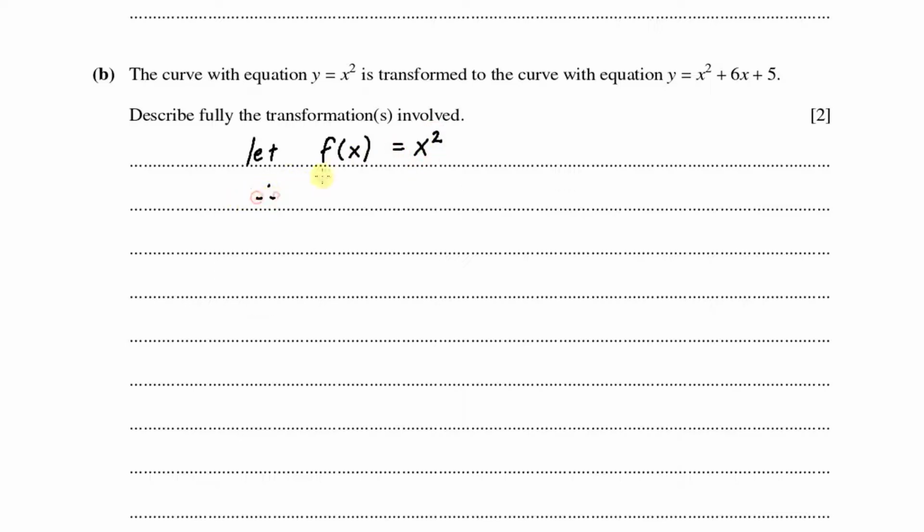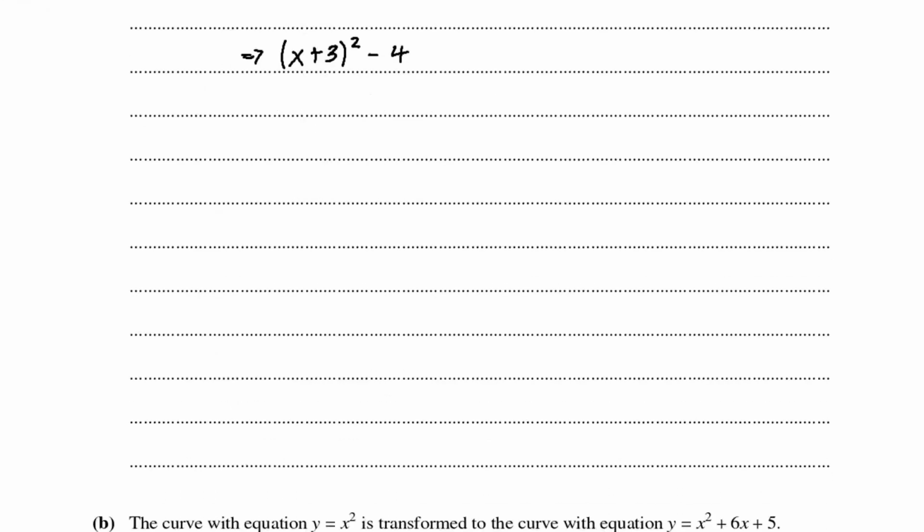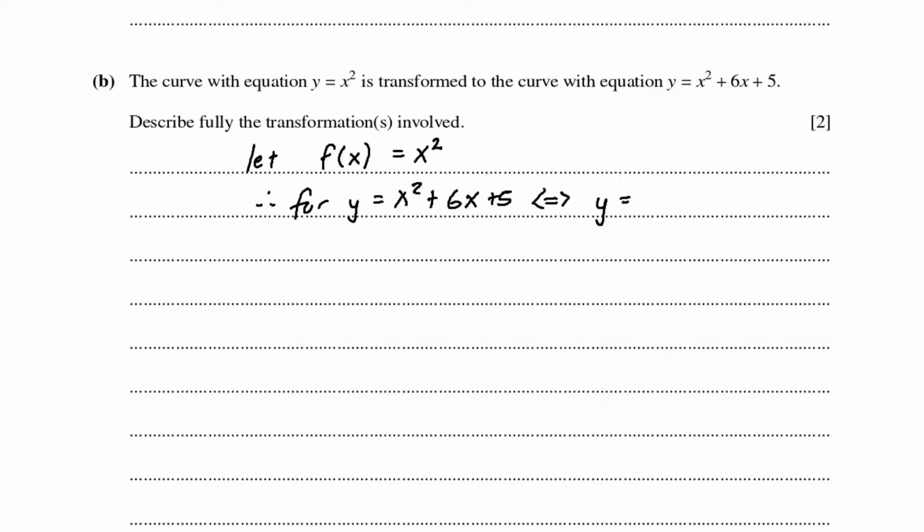which therefore means that for the equation y is equal to x squared plus 6x plus 5, which we also expressed by completing the square, we got this to be (x plus 3) squared minus 4.